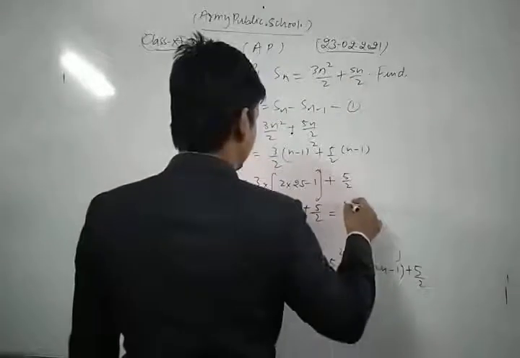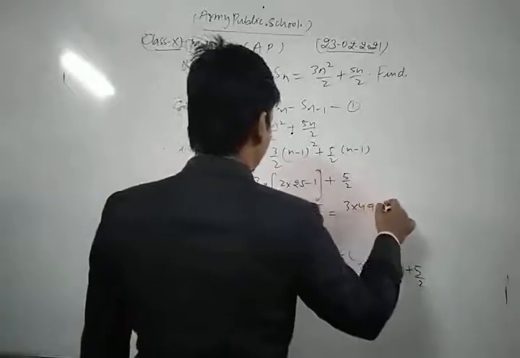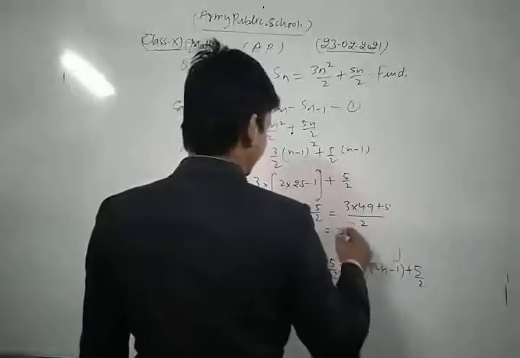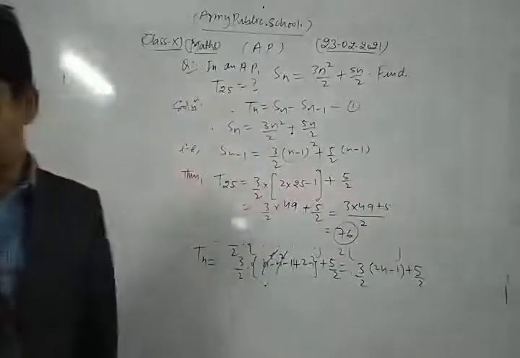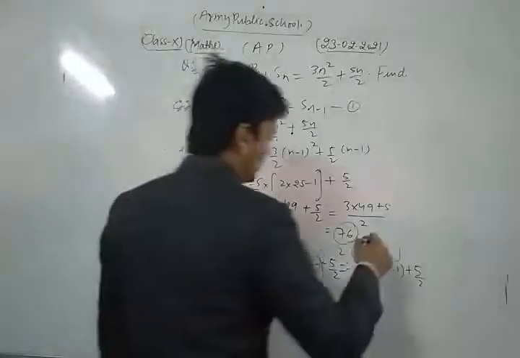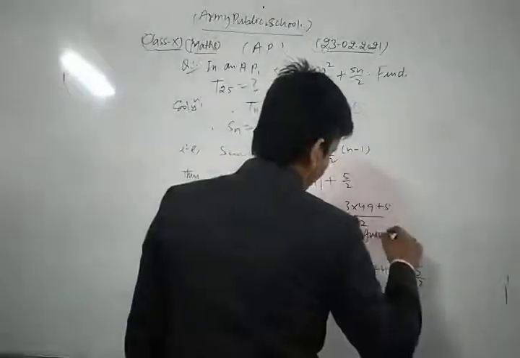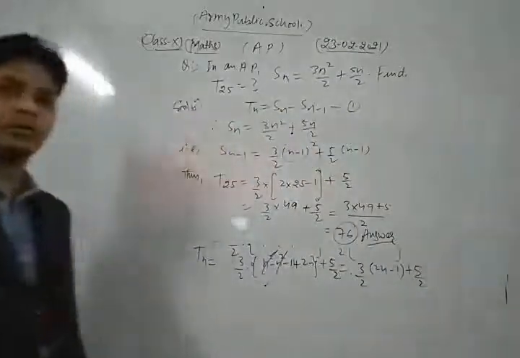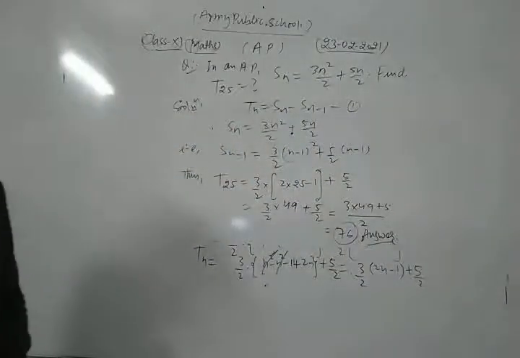We take 2 as LCM, so 3 into 49 plus 5 upon 2. After simplifying, we get 76, which is the required solution of the given question.